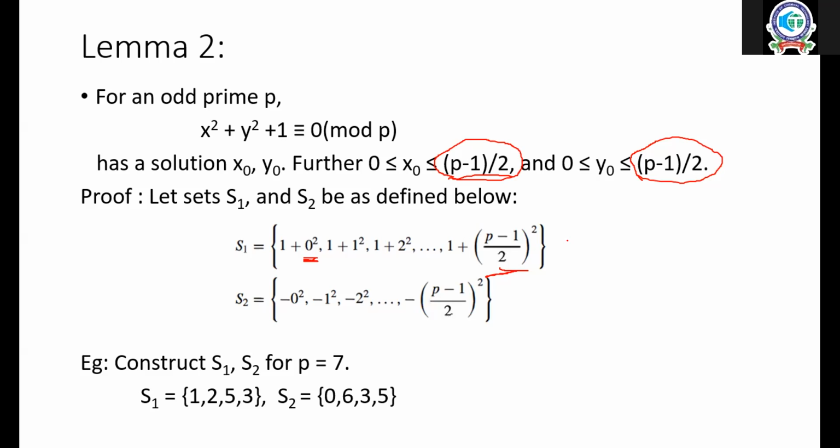And we used the simple logic of the pigeonhole principle. So two of them are equal, and the proof is done. Very nice logic. S1 contains (P plus 1)/2, S2 contains (P plus 1)/2, all are distinct. You may think that it is a simple proof, but one can say it is one of the wonderful proofs.